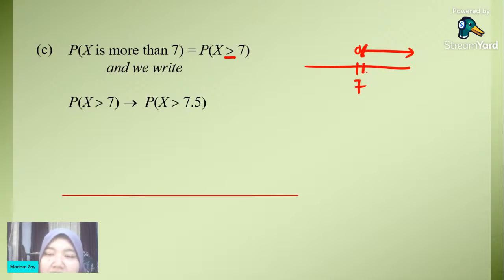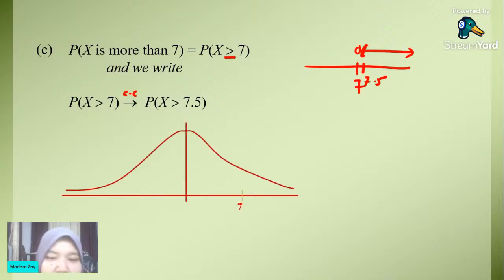We take a bit more than 7, which is 7.5. That's why probability of x more than 7, after the continuity correction, will be probability of x more than 7.5, to ensure that the 7 value is not included in the probability. Okay, so because 7 is not included, we take from more than 7.5.